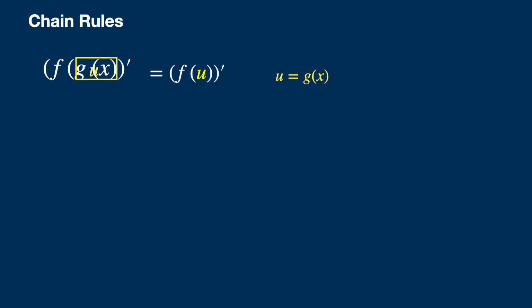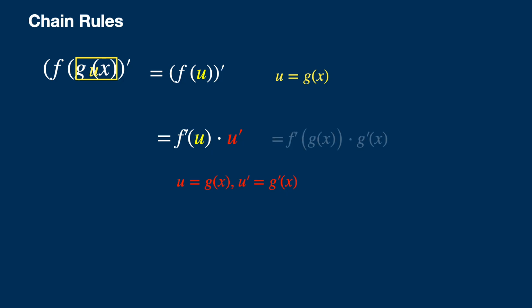Now, with f in terms of u, you take the derivative of f with respect to u first, then times u prime. That's going to be the chain rule. When you find this derivative, make sure you plug in the u value. u is g of x, and u prime is g prime of x.